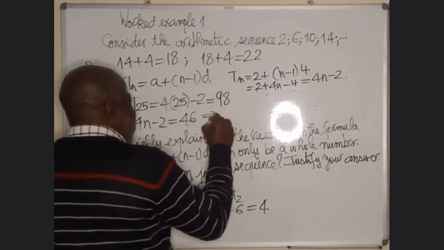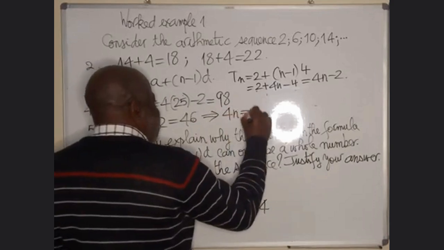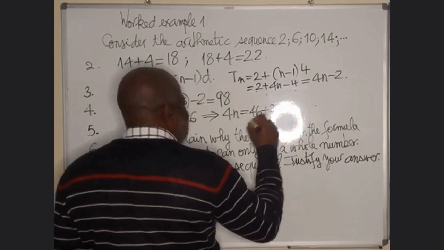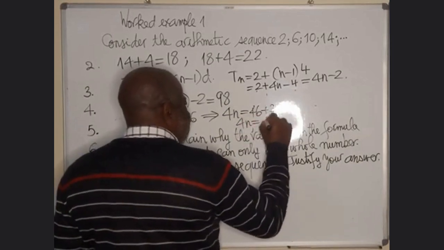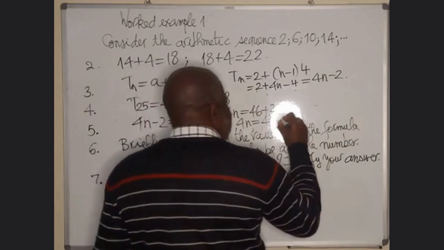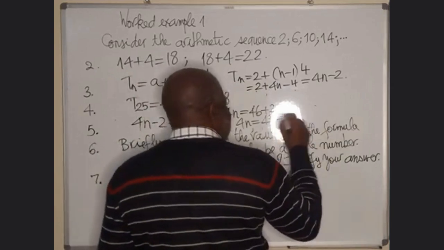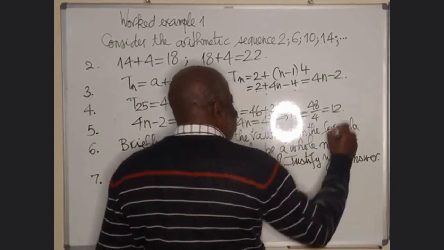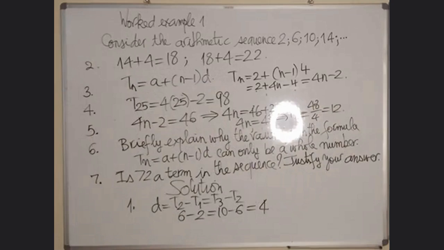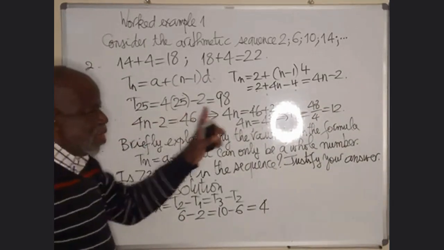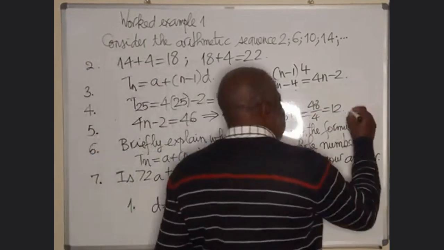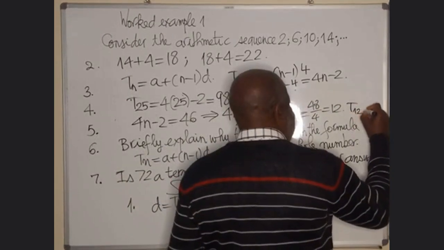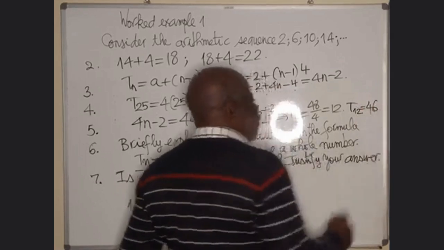This will imply that 4n will be equal to 46 plus 2, and 4n will be equal to 48, and n will be 48 divided by 4, then we get 12. So 46 is term number 12. We can write it here, T12 is equal to 46.